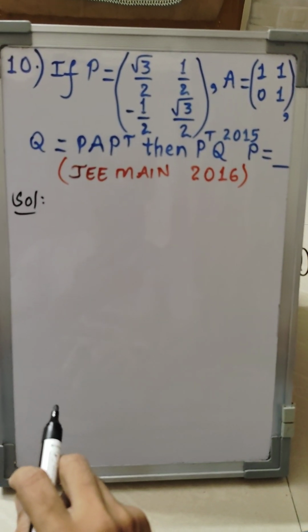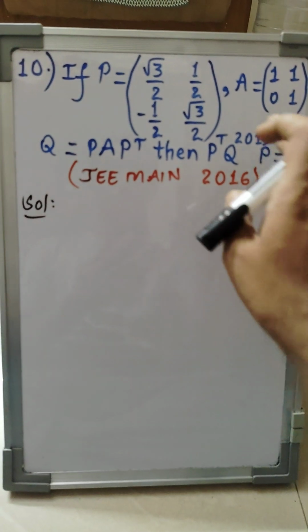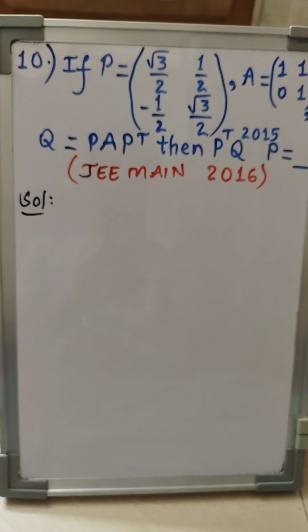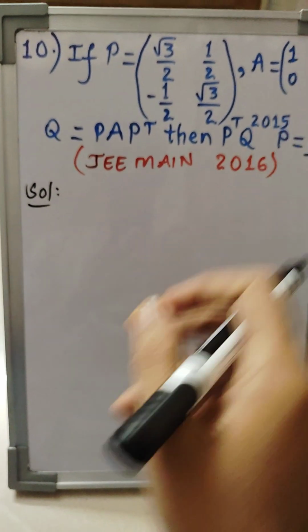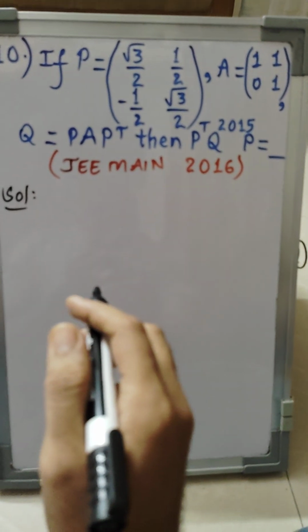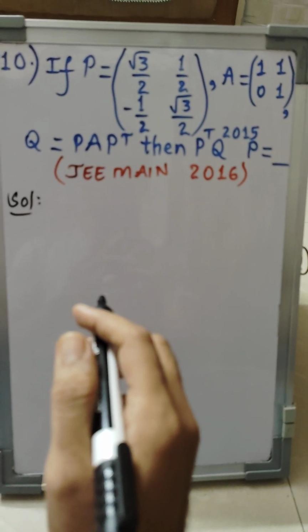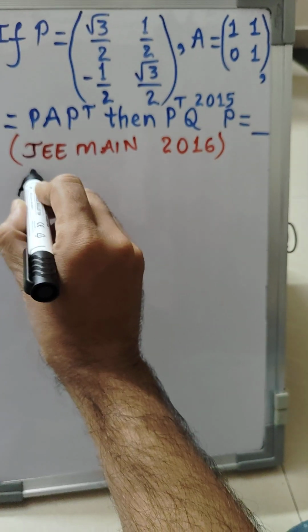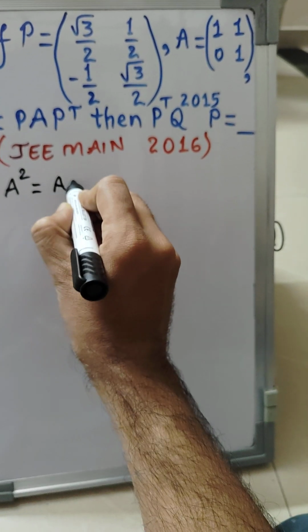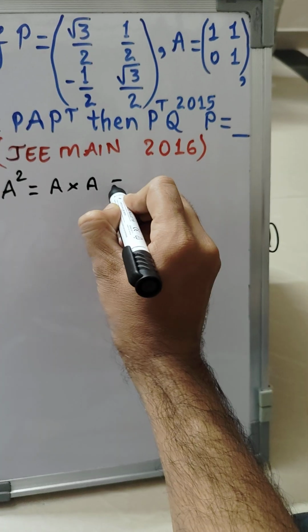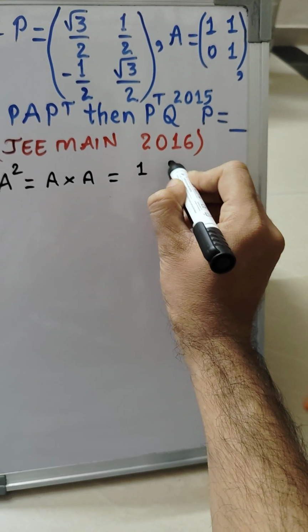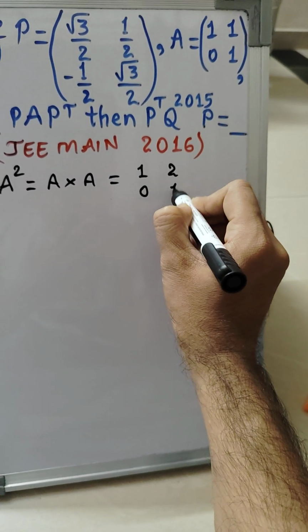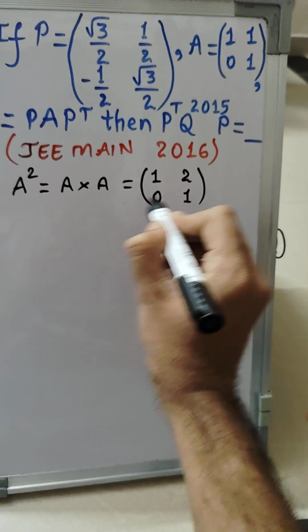First of all, we shall find the higher powers of matrix A, so that it will be useful in further steps. A square, I will find first: A into A, which we can get as [1, 2; 0, 1] on simplification.